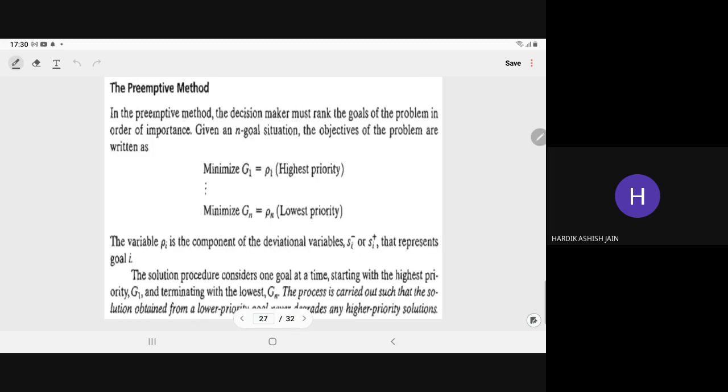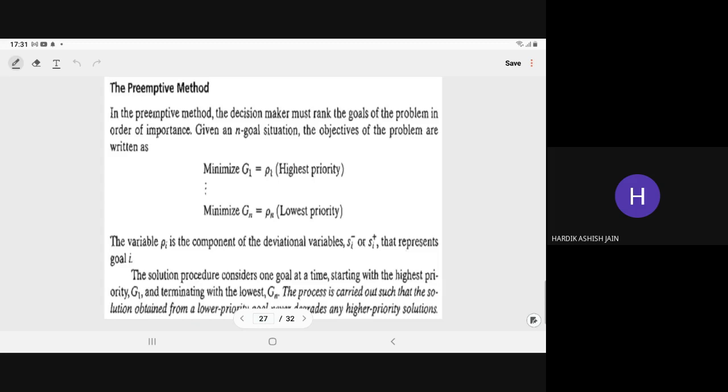Now the preemptive method. In the preemptive method, what I have told you is, first we arrange all the goals in order of priority. We solve first the problem which has the highest priority, then the next priority goal, then the next, and at last we solve for the lowest priority goal, and we never degrade the higher priority goals over the preceding ones.